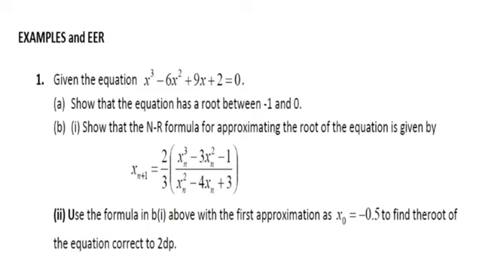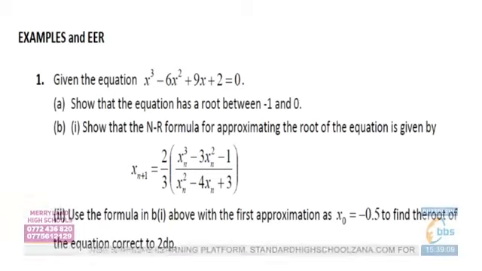Part 2 says use the formula in B1, which is this formula we have just got. Use the formula in B1 above, with the first approximation, they have given us the first approximation as negative 0.5, to find the root of the equation correct to 2 decimal places.